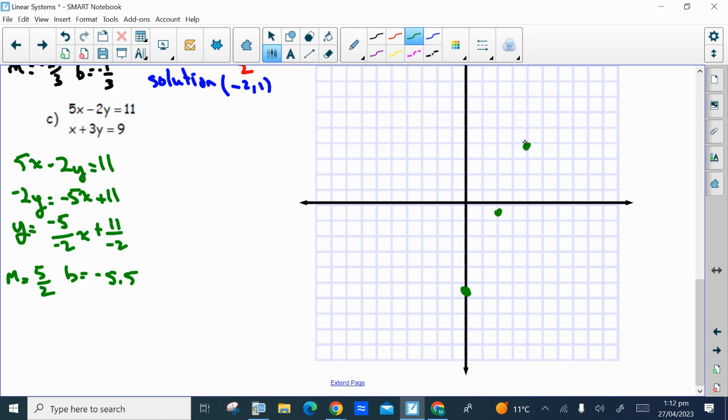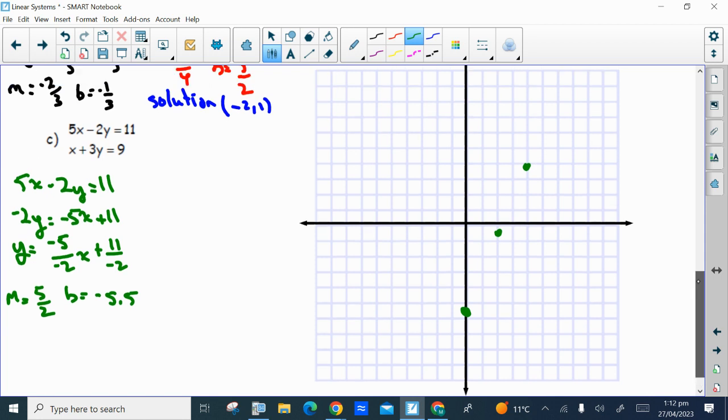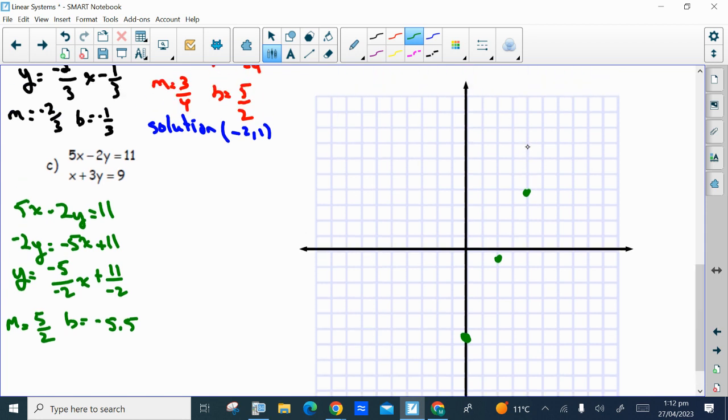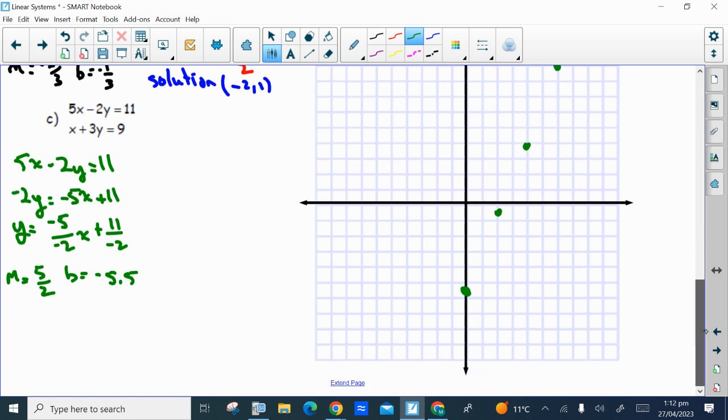We can rise 5 and run 2. All those points line up. I don't think we have quite room to rise negative 5. We'll have to kind of guesstimate where that is, and run negative 2 is approximately there, and all those points line up.